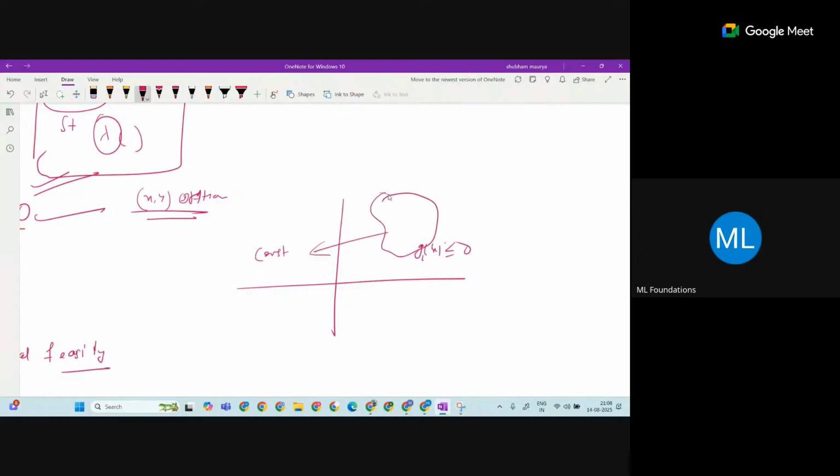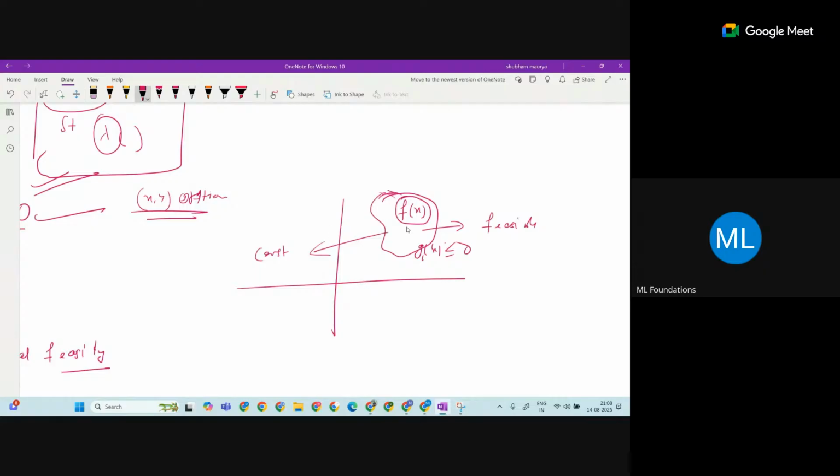By so many g_i there, you are finding the region. This is your constraint region. Within that region I want to find the minimum of f(x). This is the idea. The constraint region is also called the feasible region.